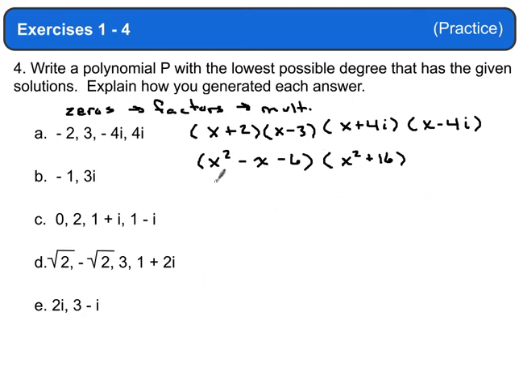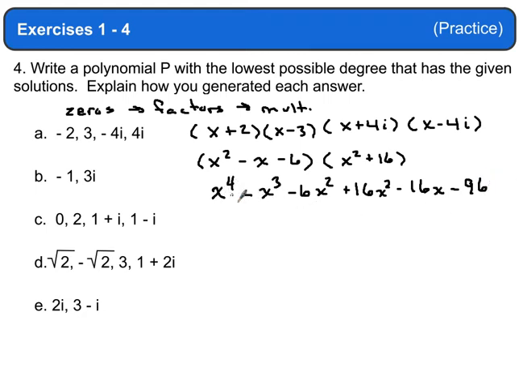So x squared times x squared is x to the 4th. x squared times -x is -x to the 3rd. x squared times -6 is -6x squared. Now we're going to go to the 16. So we're going to add 16x squared, and then you're going to have a -16x, and then 16 times negative 6 is negative 96.